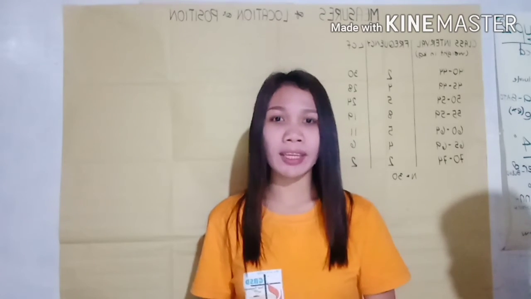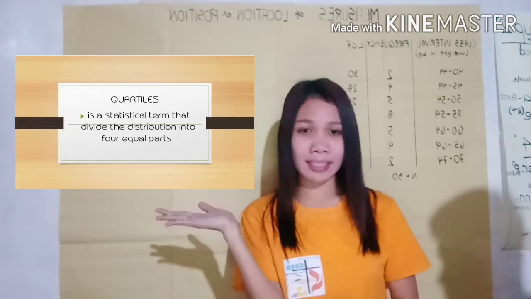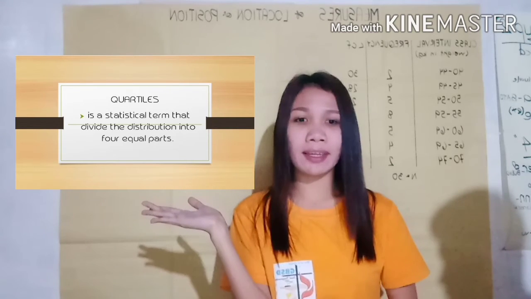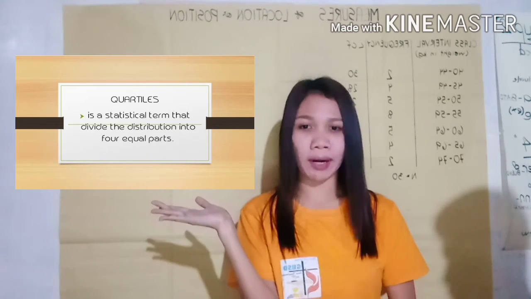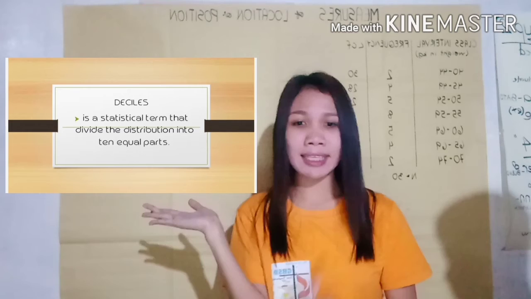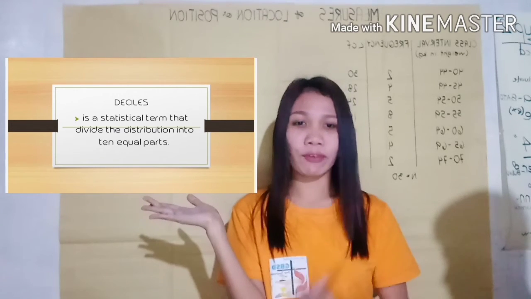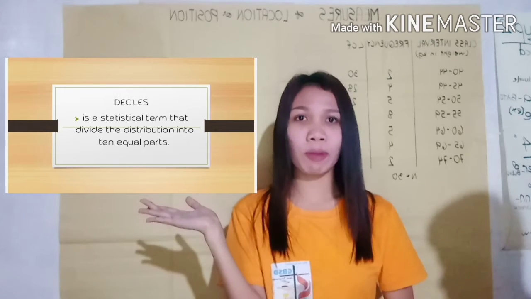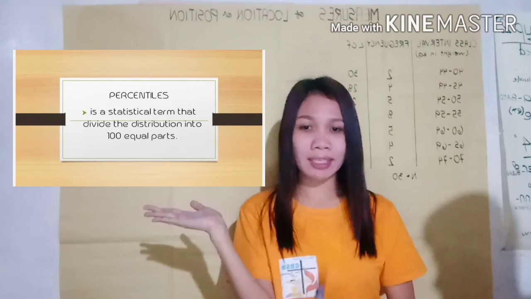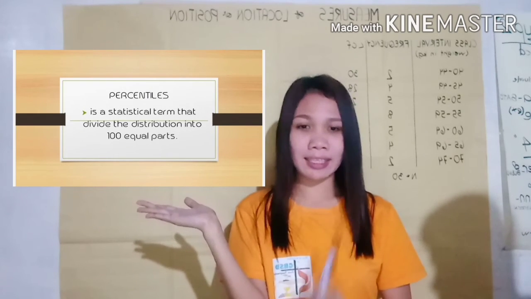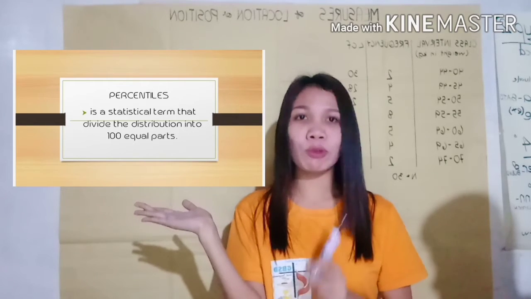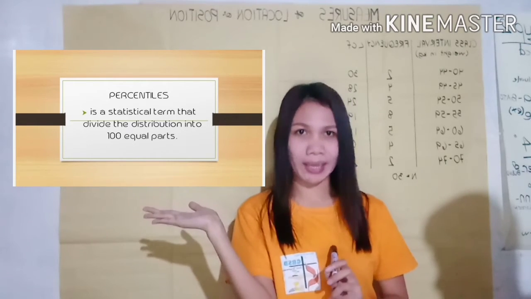When we say quartiles, it is a statistical term that divides the distribution into 4 equal parts. Deciles divide the distribution into 10 equal parts. And percentiles divide the distribution into 100 equal parts.